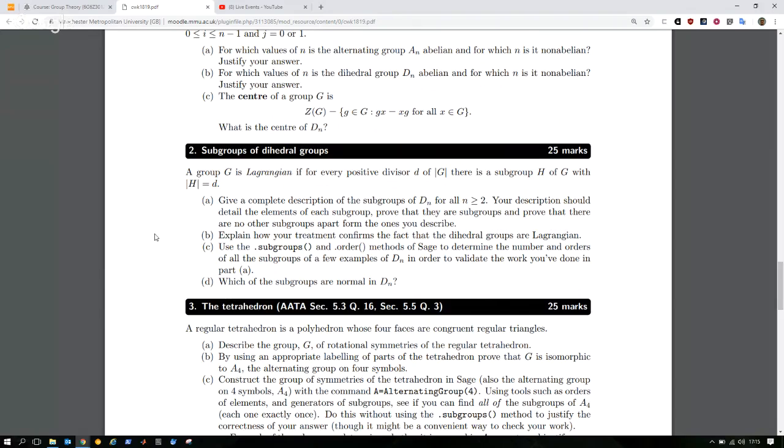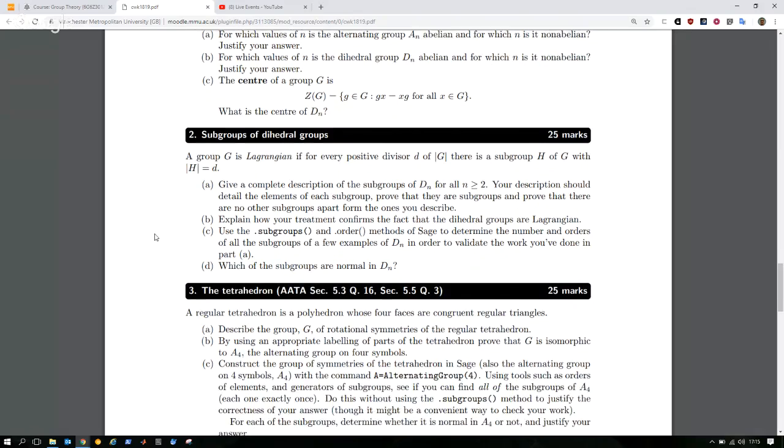A group is termed Lagrangian if it has a rich set of subgroups, meaning precisely that for every divisor D of the size of G, it has at least one subgroup of size D. Okay? In short, this question is about proving that the dihedral groups are Lagrangian.